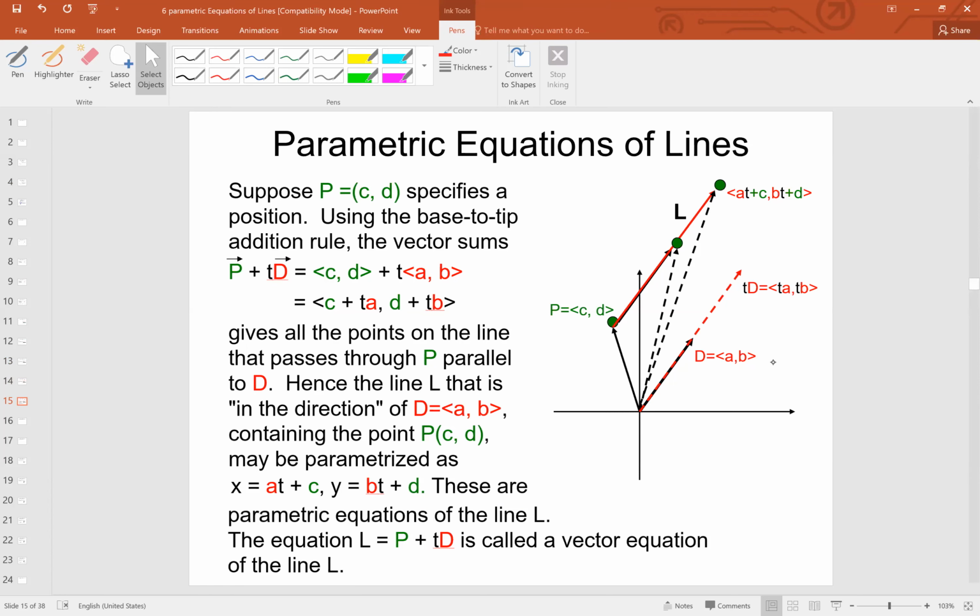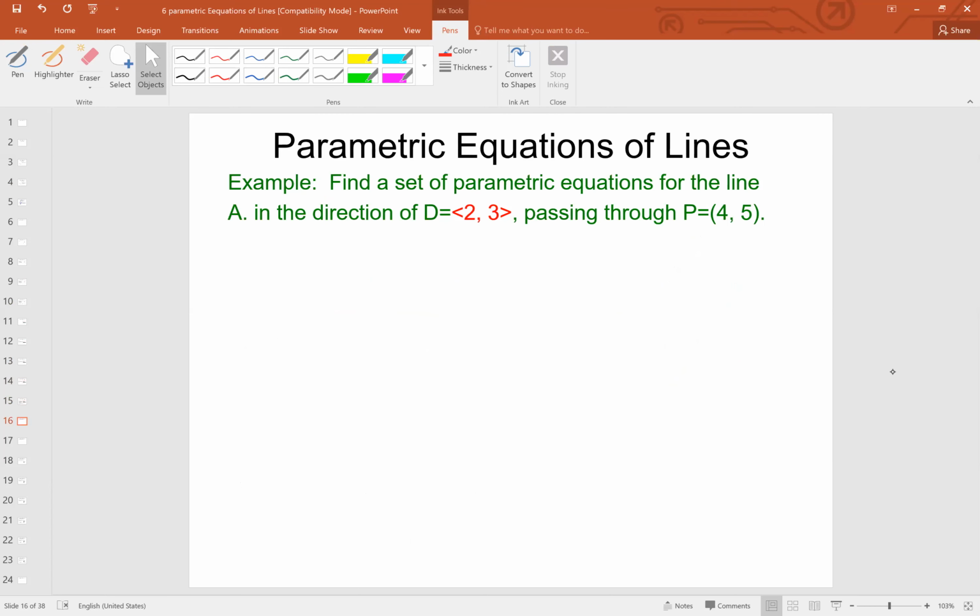If I write this line in this form, that is what we call the vector form of the line L, or vector equation. This whole thing generalizes into three-dimensional space. Here are some examples.